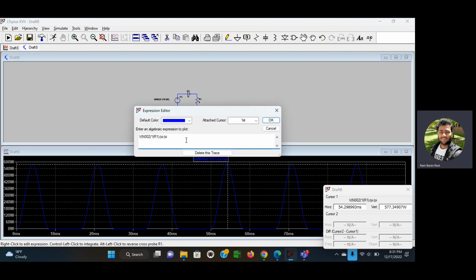Hold on. No, we don't need to divide by this one, but I think we need to multiply by a square root of 2 to get IRMS. Yeah, we need to multiply by a square root of 2 and a square root of 2.